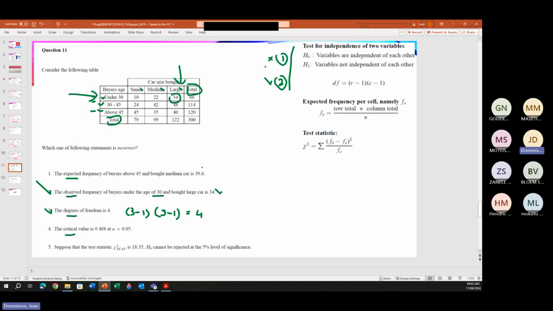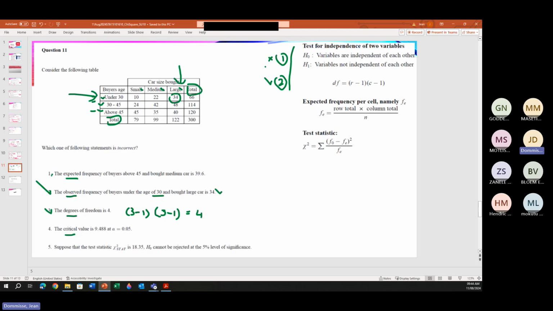That would have been our AND. The one where you are under age 30 and you're buying a large car, that would have been 34. That's why with probability, we actually always test things for independence or mutual exclusivity. Here, again, it's the test of independence we are busy with the whole time. So just to see the link between the 2 study units.